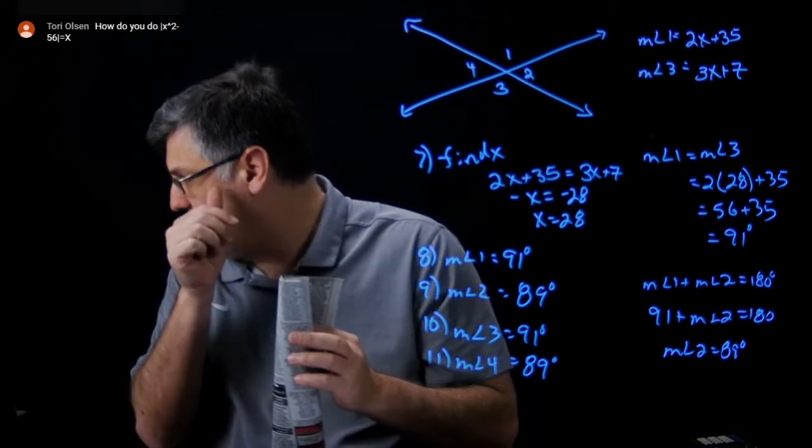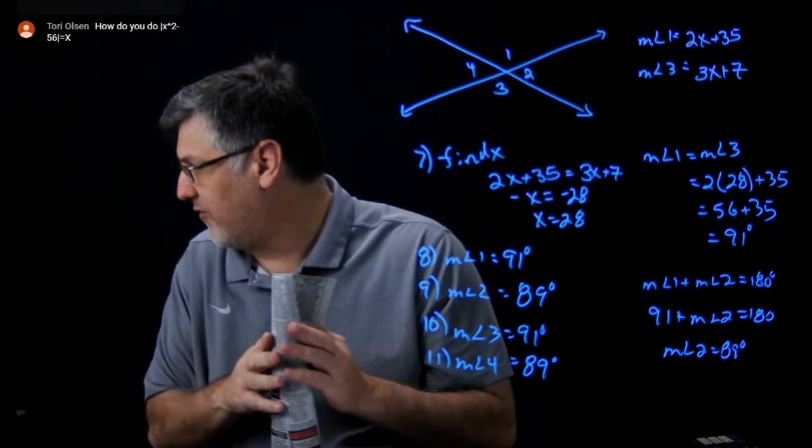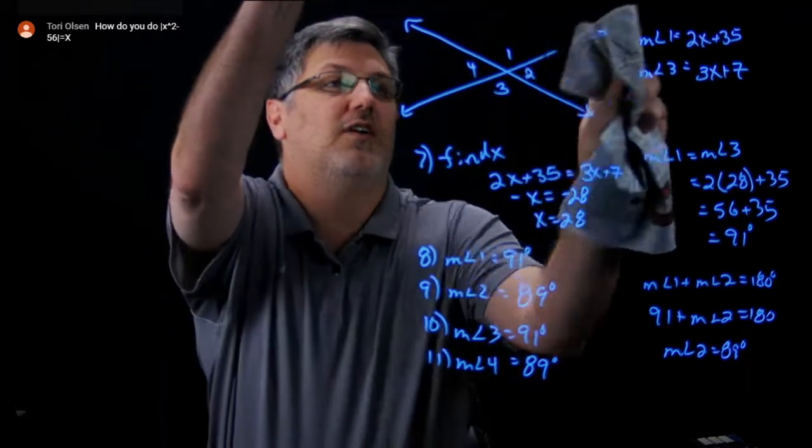All right, how do you do the absolute value of x squared minus 56 equals x?